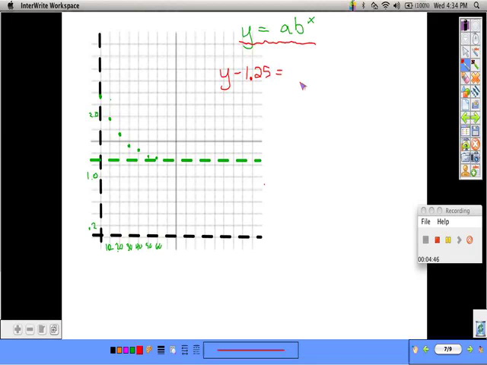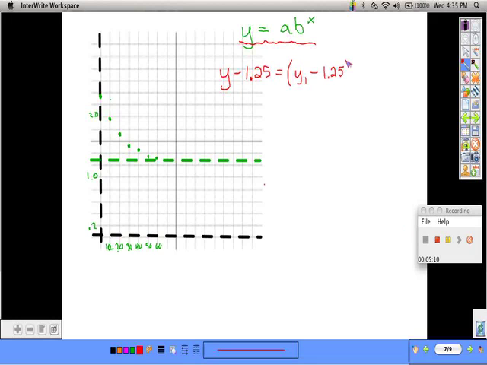Now, a is usually the initial starting value, but that initial starting value, just like every other y value, had to get shifted the same way. So what I'm going to write here is y sub 1 minus 1.25.